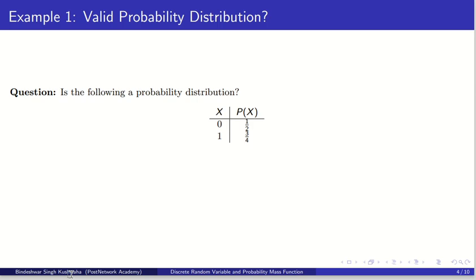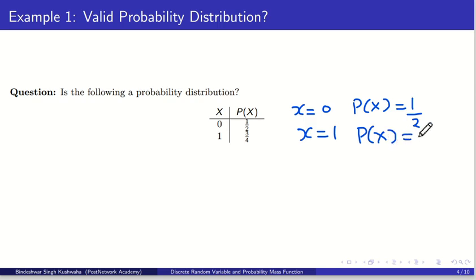So let us check whether it is a valid probability distribution or not. For x equal to 0, p(x) is 1 upon 2, and for x equal to 1 we have p(x) equal to 3 upon 4.